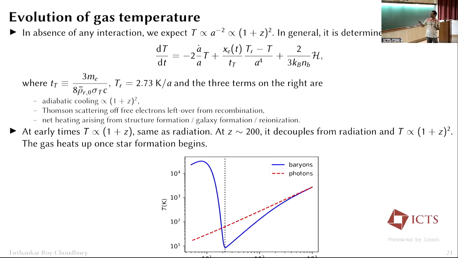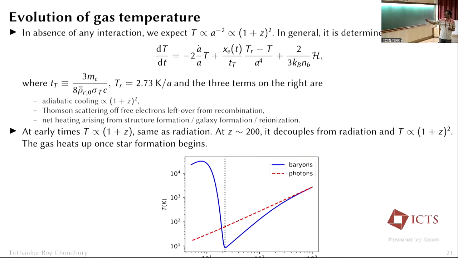This term remains dominant until the universe becomes so dilute, because the densities are decreasing, that the scattering between electrons and photons becomes very rare. Then it becomes subdominant. So this part is basically driven by the residual electrons and Thomson scattering.